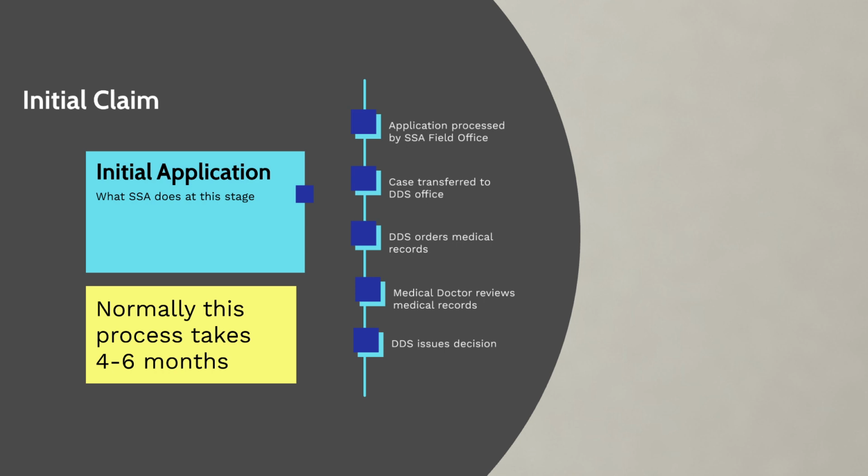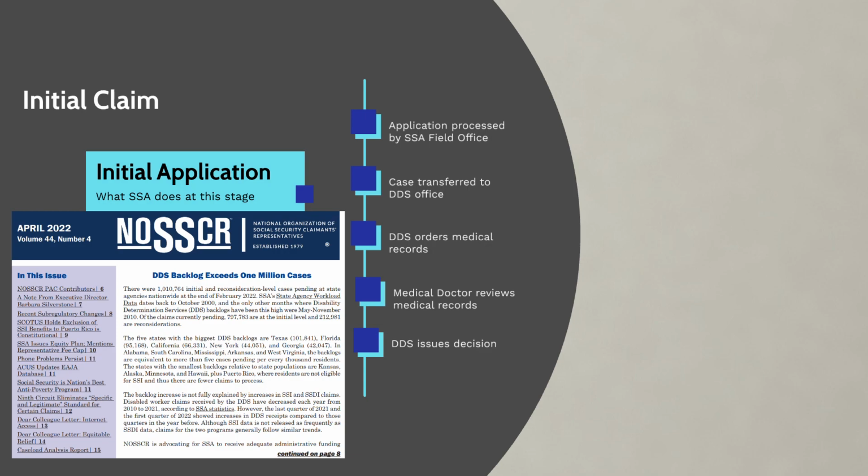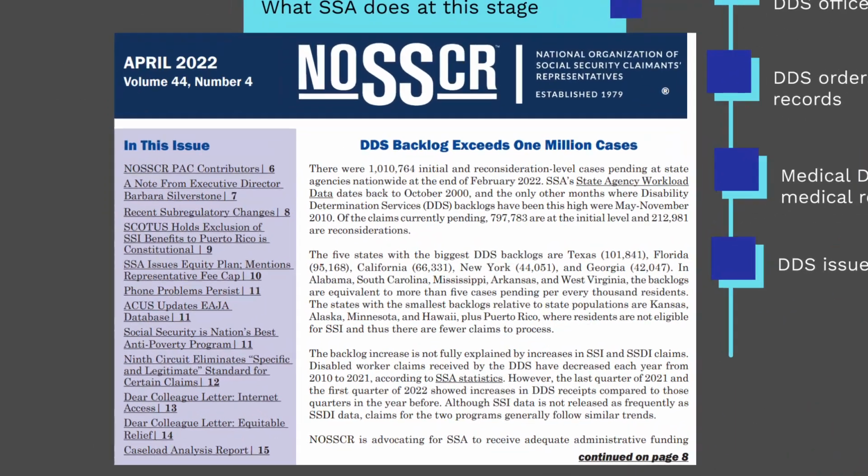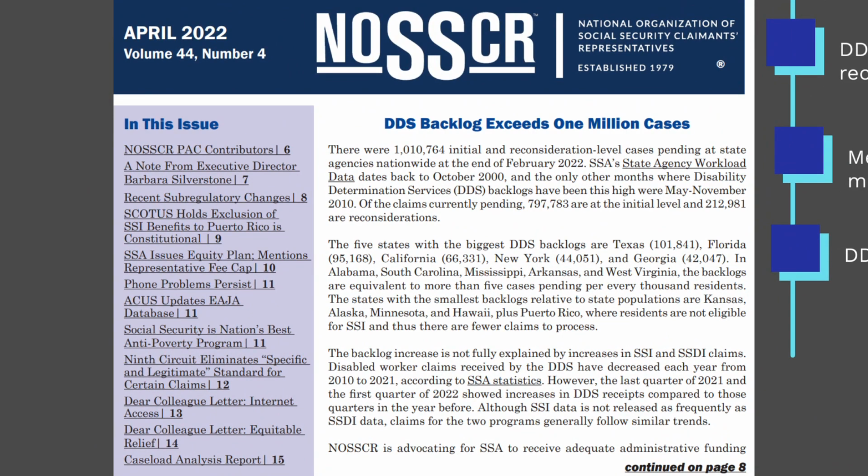And unfortunately, here in the year 2022, we are experiencing significant delays in the timeline. So I want to show you an article that we received recently. This is from NOSCR, and NOSCR is a national organization of Social Security attorneys, and they release a monthly newsletter.